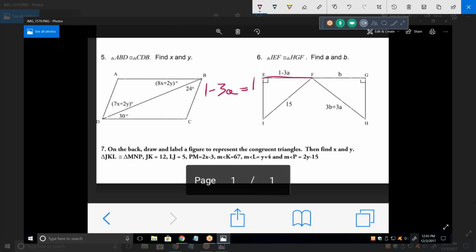Okay. And what's another corresponding side? What's the corresponding side to that? 15 equals 3b plus 3a.